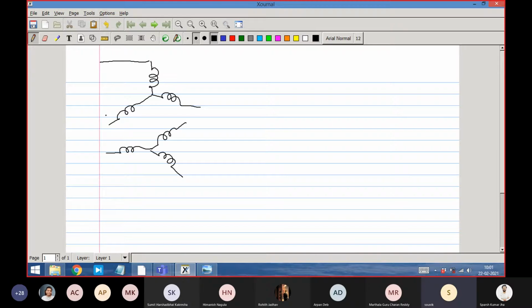This is the stator. That means we are giving supply to it. We can name the phases R phase, Y phase, and B phase. In the case of a squirrel cage rotor, which is most often the case, we short the rotor terminals.